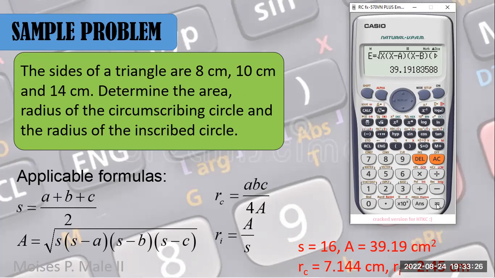Tapos yung next na value will be the radius of the circumscribing circle, which is 7.144. Okay, and the next value will be square root of 6 or 2.45. That is the radius of the inscribed circle. Okay. So, di ko na ididemonstrate yung sa CANON since same lang.